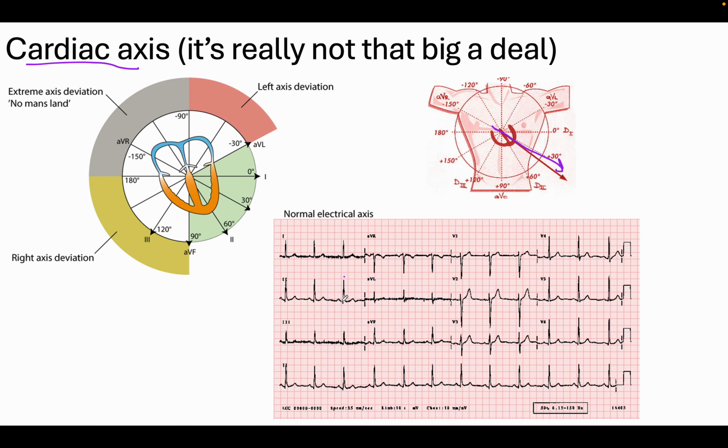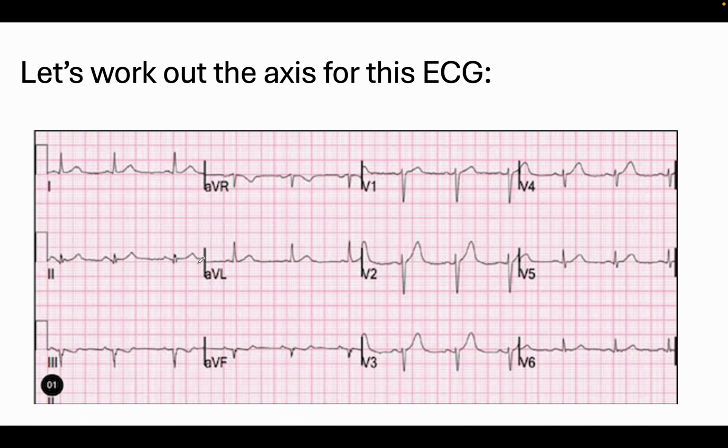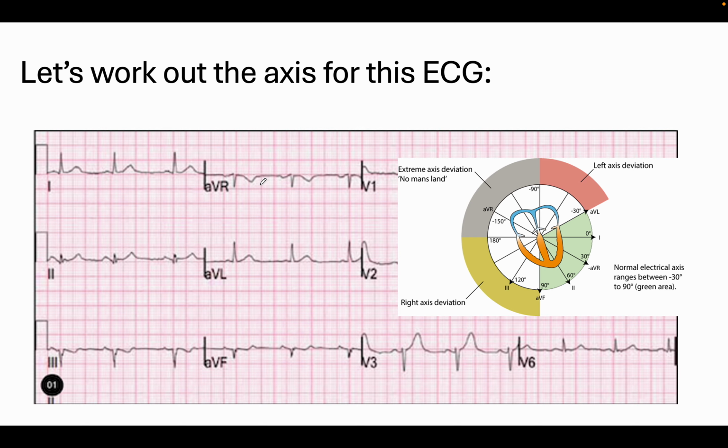So what does it look like if you have an abnormal axis? Well, let's work it out for this ECG here. We'll get out our handy dandy cardiac axis finder. We'll look at lead 1. Lead 1 is positive, so we know that electricity is going somewhere roughly in this zone here.